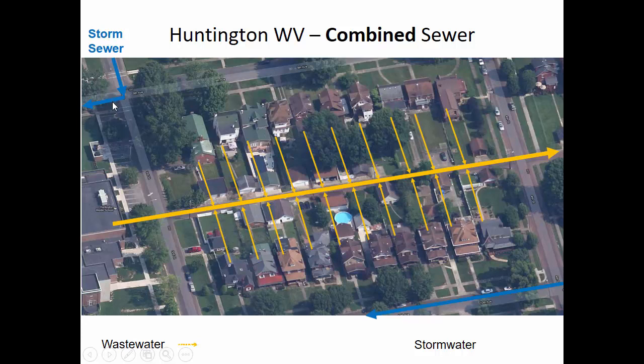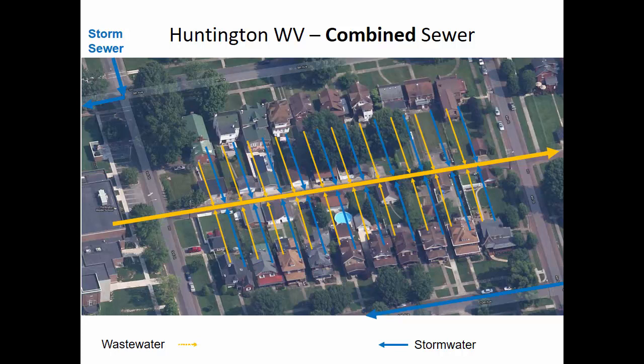But in a lot of the city, particularly in the older areas, the combined sewer accepts both wastewater flows and also surface runoff. And so a combined sewer is kind of problematic because occasionally during a really heavy storm, there's going to be more water entering the system than the hydraulic capacity can handle.